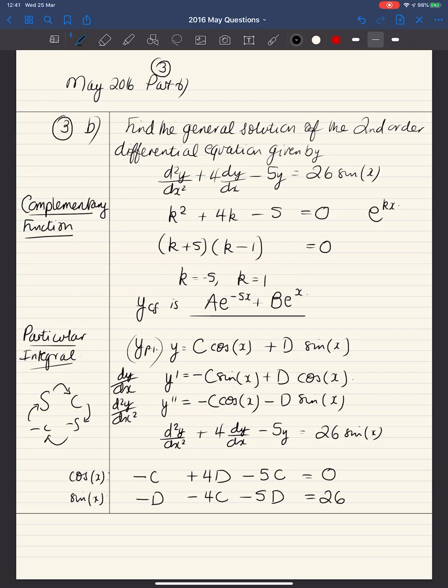So we're into simultaneous equations. So this is 4d minus 6c is 0, and this is minus 6d minus 4c is 0. Call that equation 1 and that equation 2.